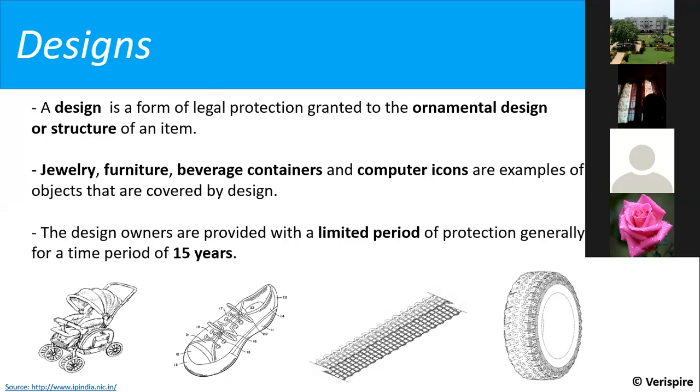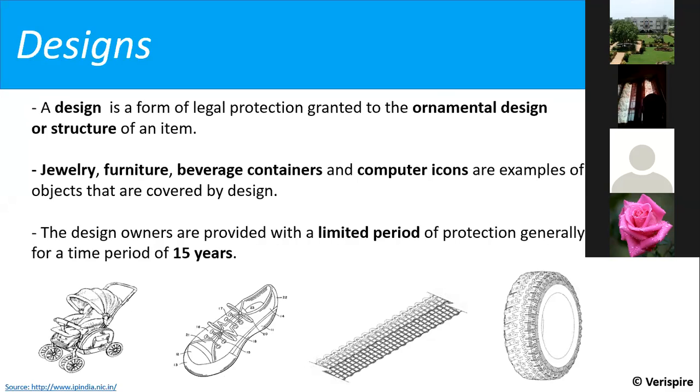A table with 4 legs, a table with 5 legs, or a design of a washing machine, a design of a mobile, a design of a table. It can be anything. A design of jewelry.